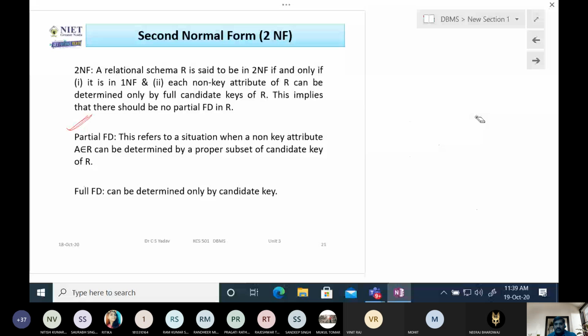This implies that there should be no partial functional dependency in R. Partial functional dependency refers to a situation when a non-key attribute A belonging to R can be determined by a proper subset of a candidate key of R. Full functional dependency can be determined only by the candidate key, nothing other than the candidate key. Did you get it?